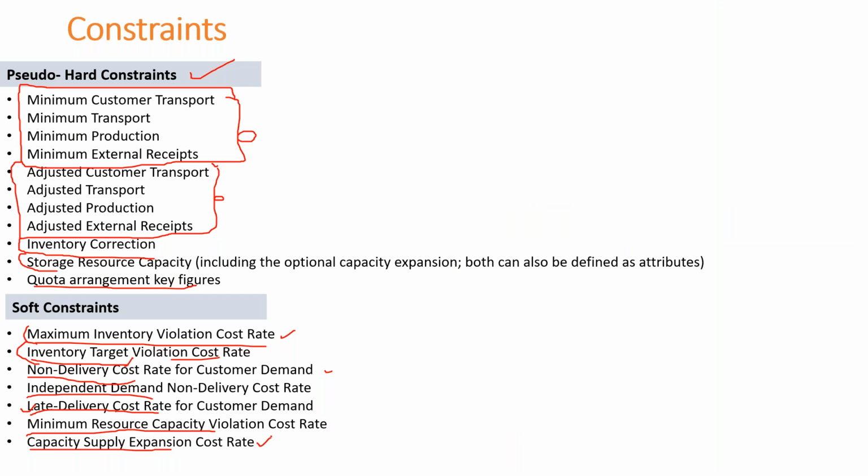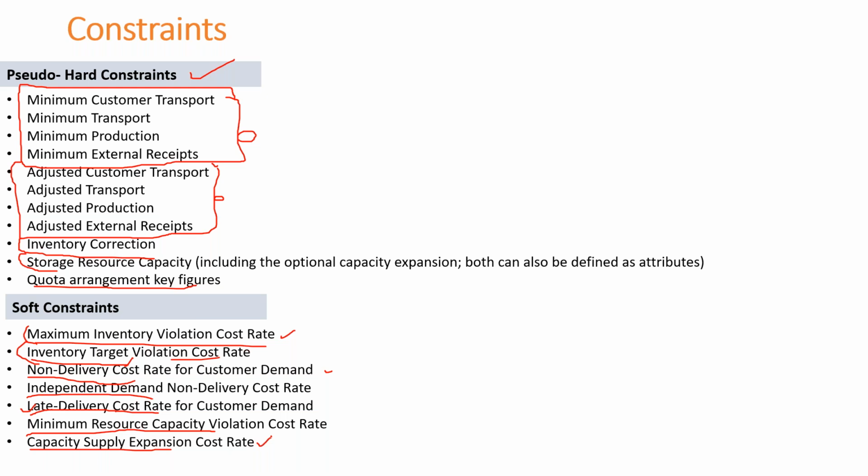So now how will optimizer function? Optimizer sees that the demand is high. I cannot meet the demand with the available capacity. But hey, I can expand my capacity. But is it profitable to expand your capacity? Because if I'm extending the capacity, I'll incur this much cost.